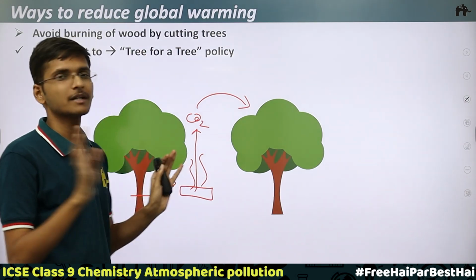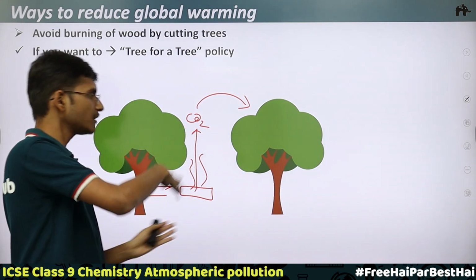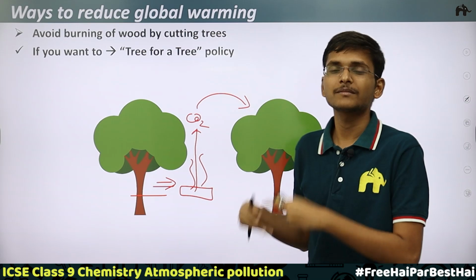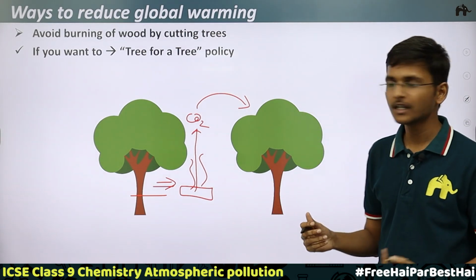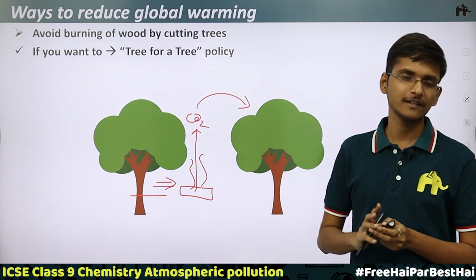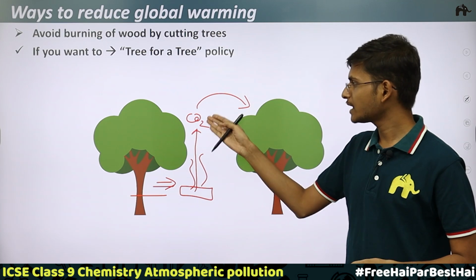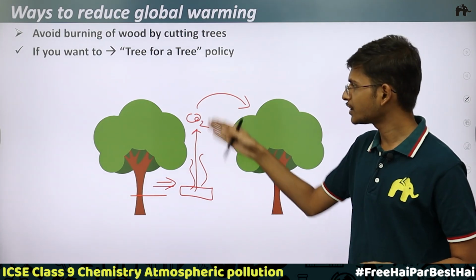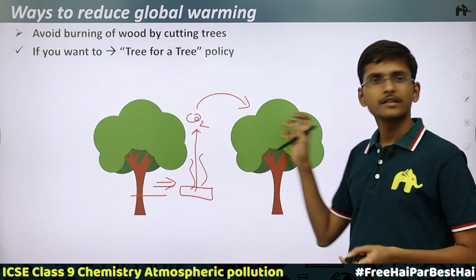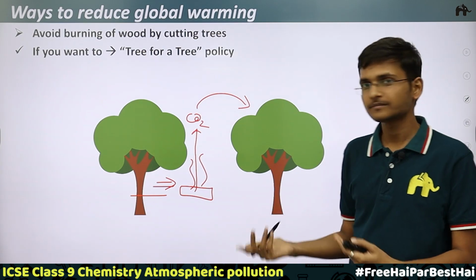I'm joking, we are actually trying to balance the amount of carbon dioxide. If we are letting carbon dioxide into the atmosphere, make sure that you also do something to consume that carbon dioxide itself. So the tree for a tree policy works in that way. The carbon introduced in the atmosphere in the form of carbon dioxide can be used up by another tree which we have planted.